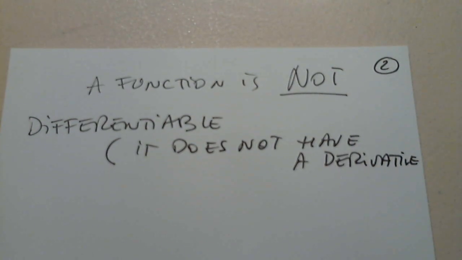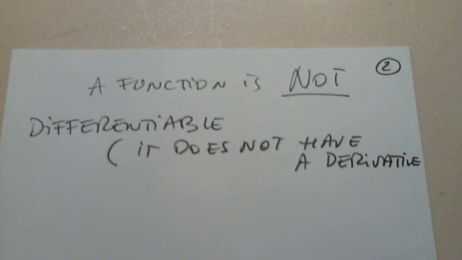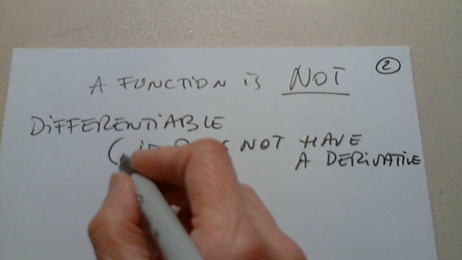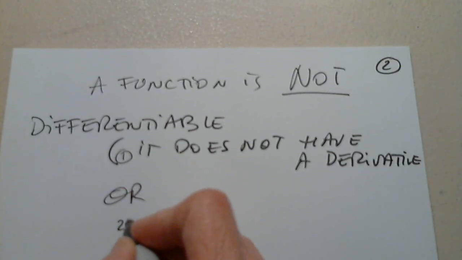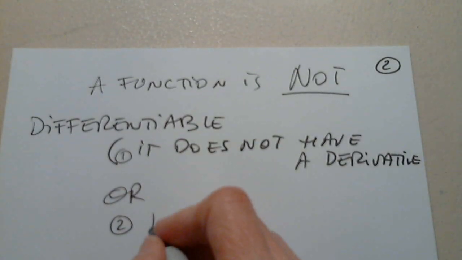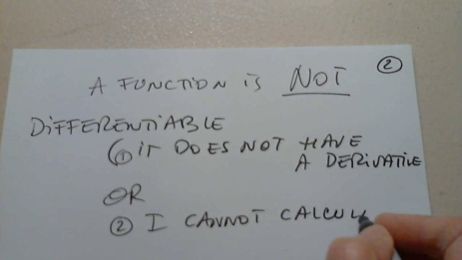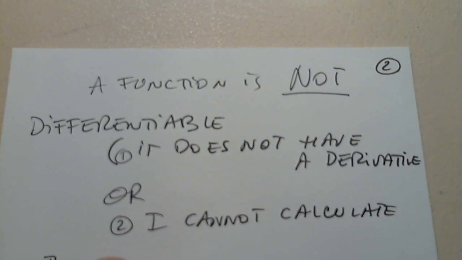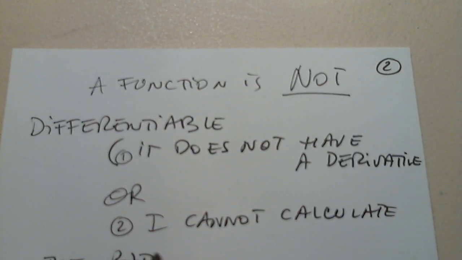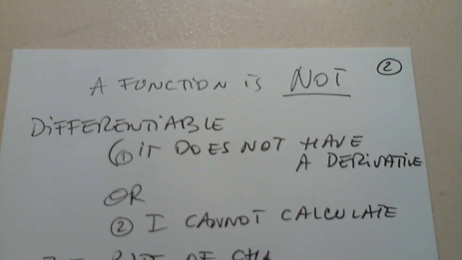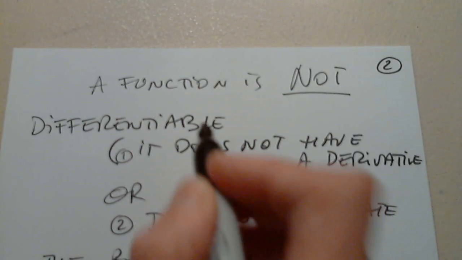This is one way of saying it. Another way is, this is number one, or number two, I cannot calculate the rate of change at that point.